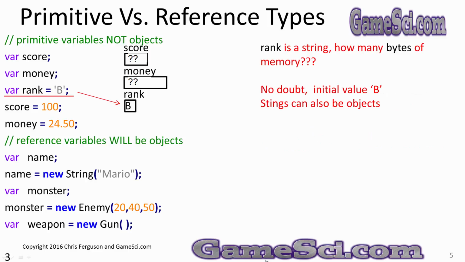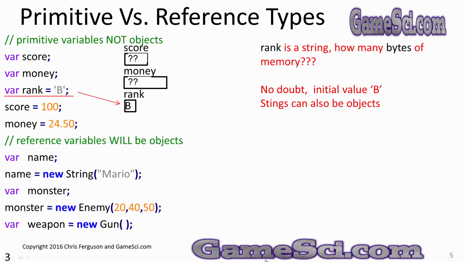Var rank equals b. Rank is some sort of string variable. How many bytes of memory will it take? Hard to tell. It depends on how big a string I assign to rank. No doubt, though, in this case, the initial value is b. When we first set up the variable, we gave it the initial value, so it's got to have a value of b.